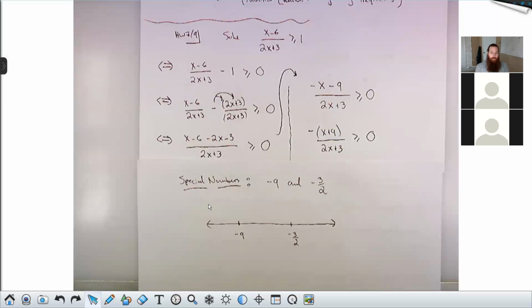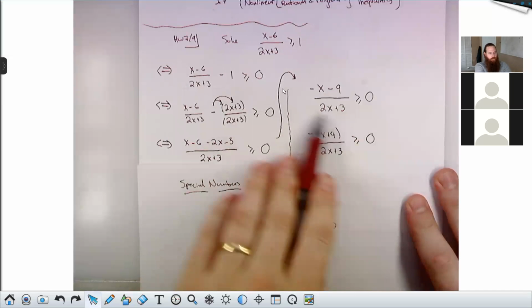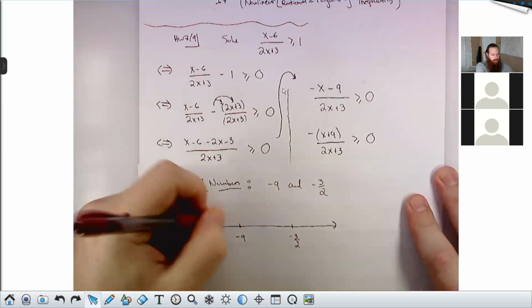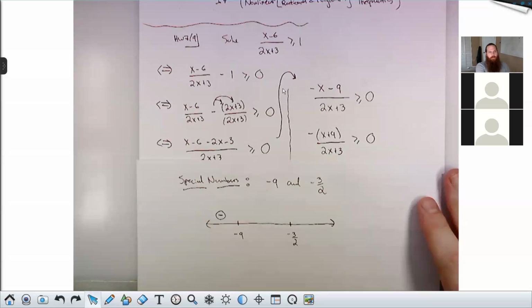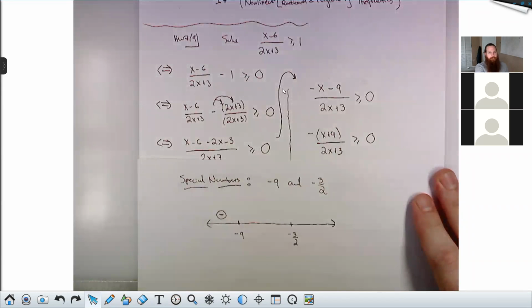Or if I'm feeling sneaky, I can use the end behavior. The horizontal asymptote for this function is -1/2, which means as I wander really far off to the left, this function gets closer and closer to -1/2. In particular, it's negative. Either way, I learned that to the left of -9, this function is negative. Everybody follow that?